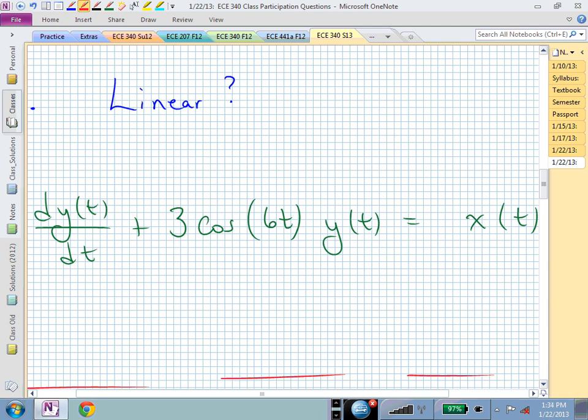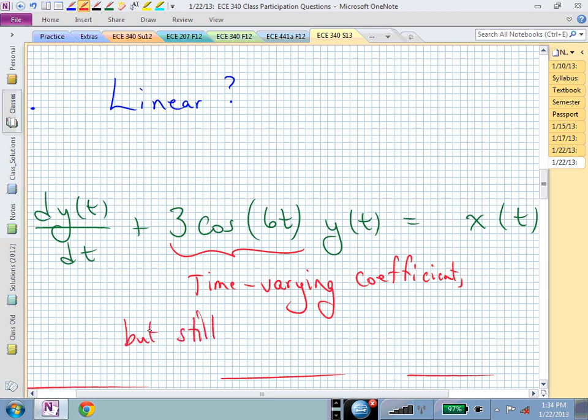This is now a time-varying coefficient, but the system is still linear. Is that clear?